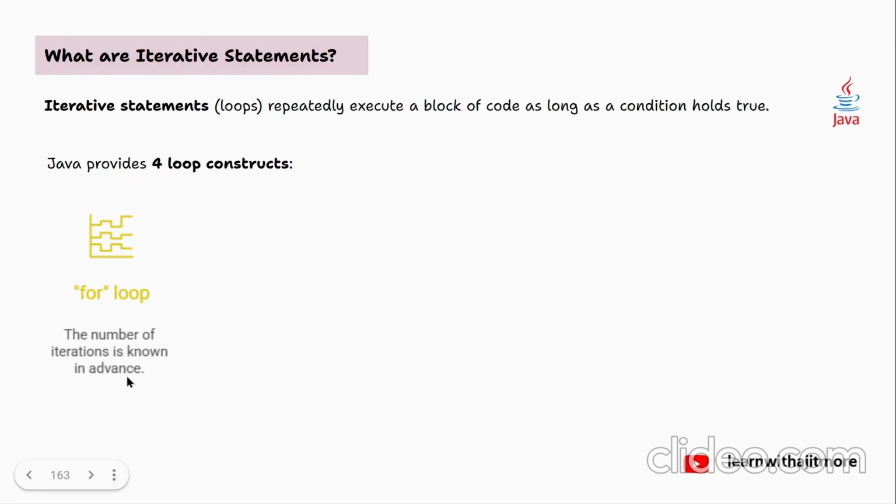Usually, your counter starts from 1 till n or from n till 1, or it starts from 1 till n with a step of 2, or it decreases with a step of 2. Correct? So generally when the number of iterations is known, then we use for loop. Therefore you can call it enumeration controlled. Enumeration controlled means when the number of iterations is known.